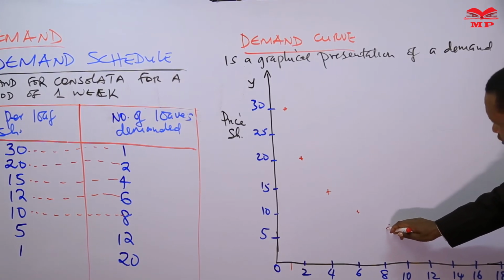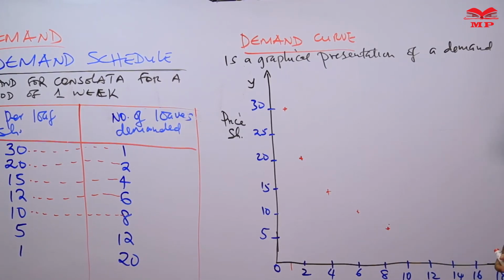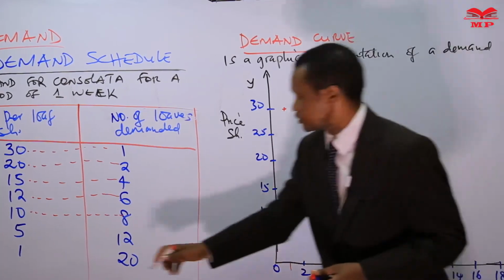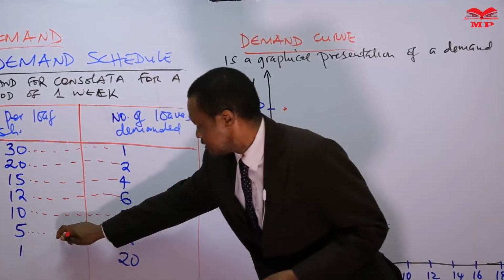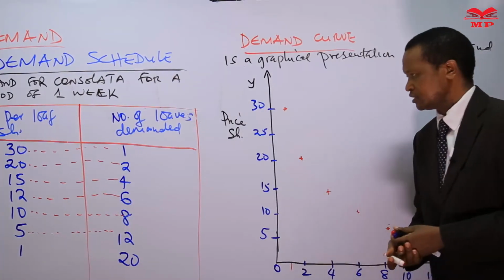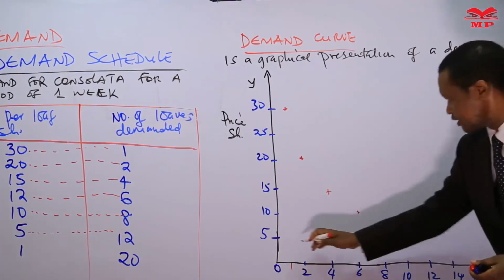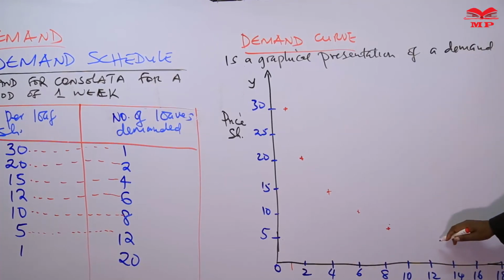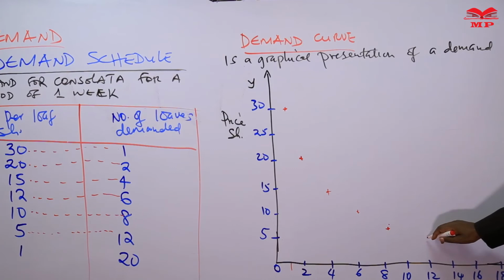When the price reduces to 5 shillings, she can afford more loaves of bread. She's now buying 12. At 5, she's buying more bread, maybe for the neighbors, because these are many loaves. 12 loaves of bread.